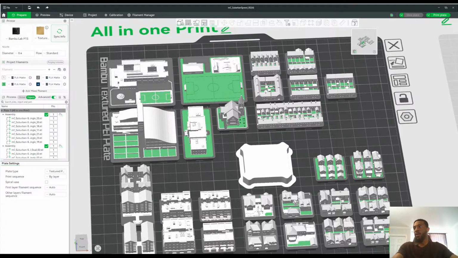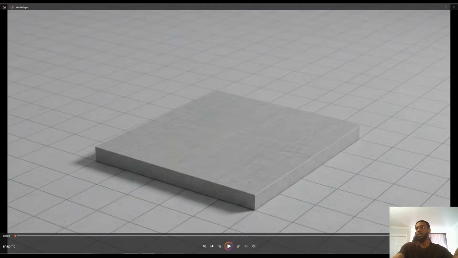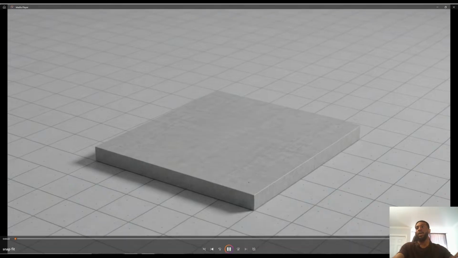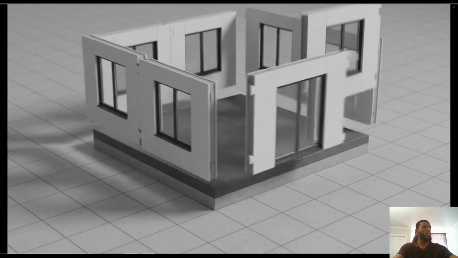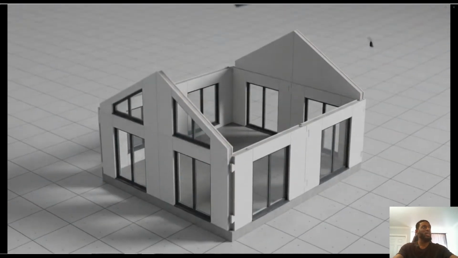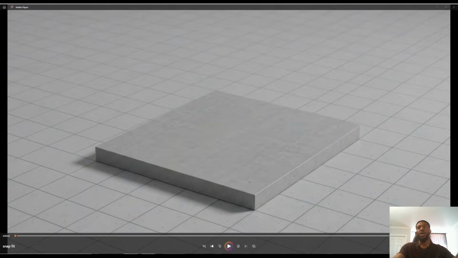We also learned on the second day what it means to design a house using various parts. If I go back and show you our video, you can see what I'm talking about right here. On day 2, we understood what it means to build separate parts and have each of these separate parts come together as one single item.